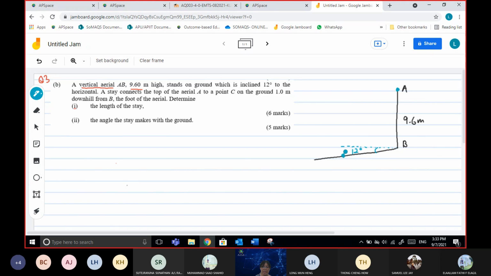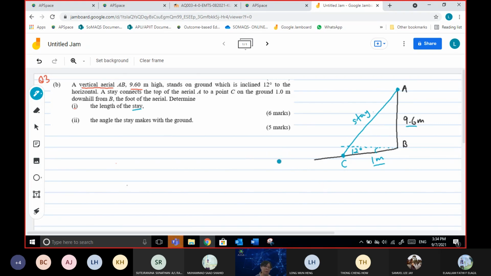Let's say this is point C, connected to the top of the pole A. The point C is 1 meter downhill from B, so here is 1 meter, and here is 9.6. Now, to determine the length of the stay, which one is the stay? This one, the blue color, is the stay.